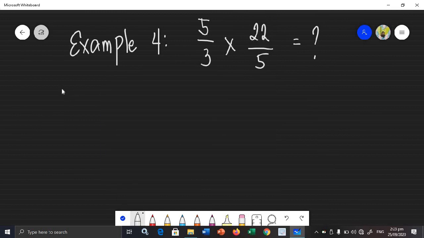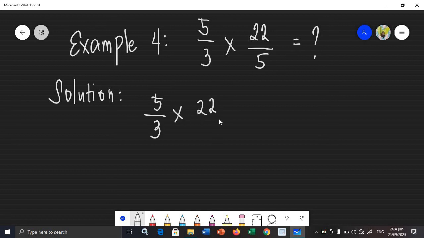So now that they are improper fractions, we can solve for the product. So 5 over 3 times 22 over 5. Let's observe if we can cancel anything. Now, in this case, in this given, we can cancel 5 and 5. Their common factor is 5, right? So 5 divided by 5, that is 1.